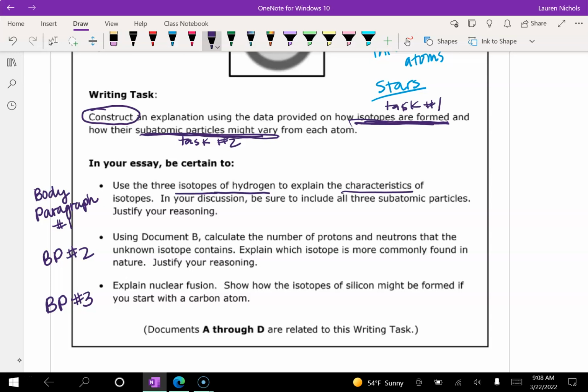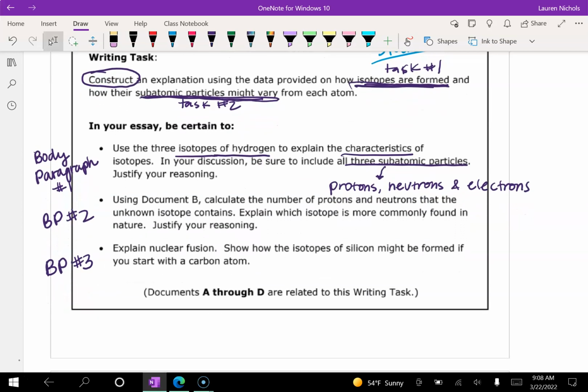Okay, so they want to know what makes something an isotope. In your discussion, be sure to include all 3 subatomic particles. So remember, the 3 subatomic particles are protons, neutrons, and electrons.